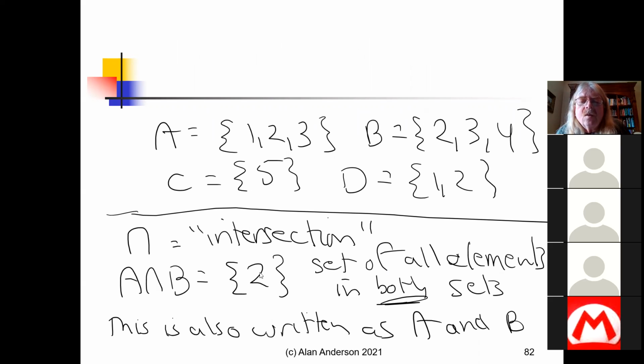So in other words, I want to know what are all the elements that are in both A and B. And in this case, it happens to be just the 2. That's the only element they have in common. So therefore, the intersection is the set containing 2. And again, it's equivalent to the English word and, which some textbooks use instead of the symbols.